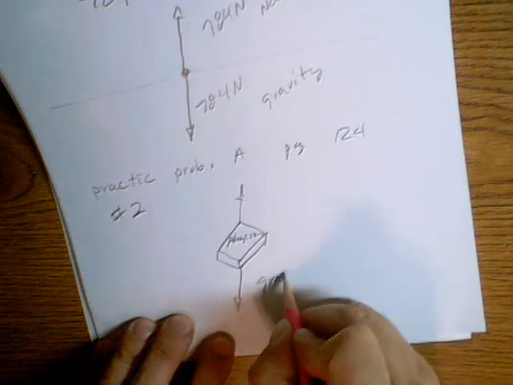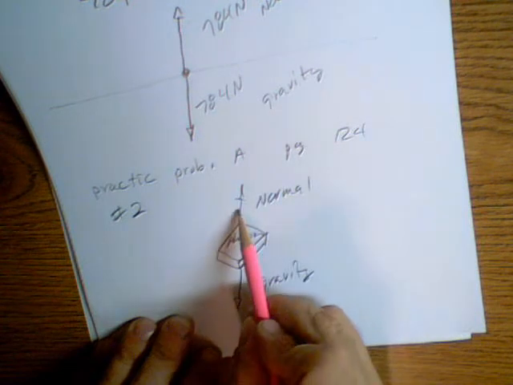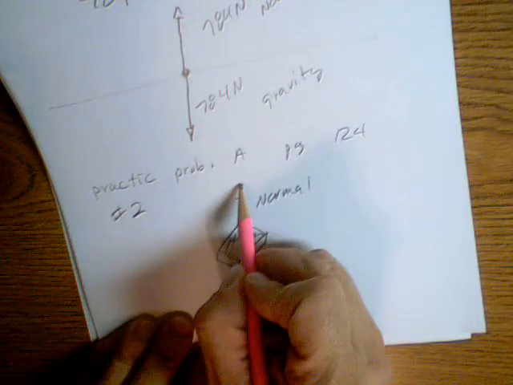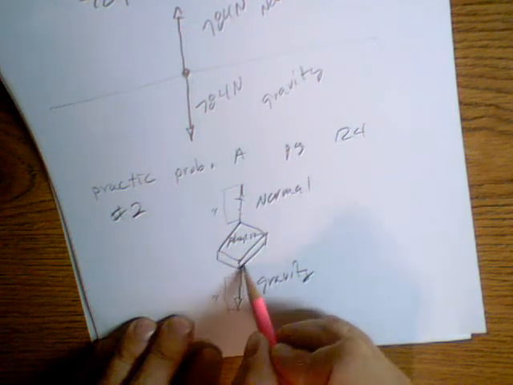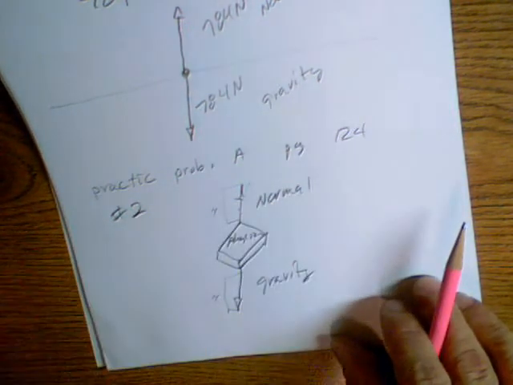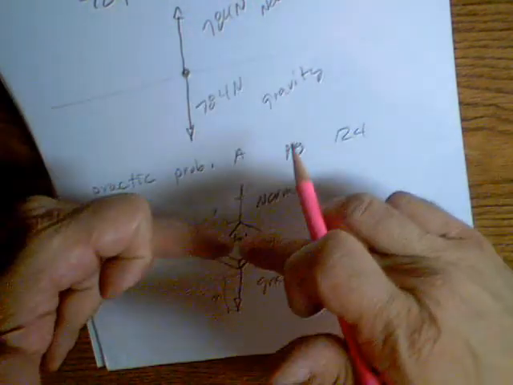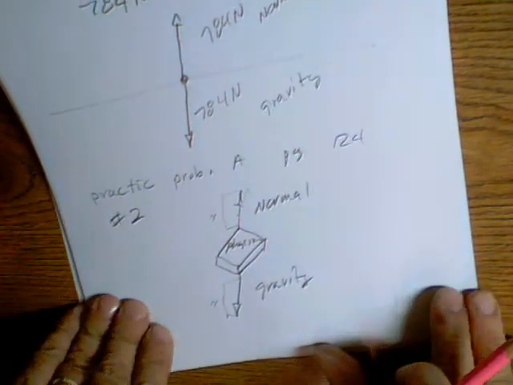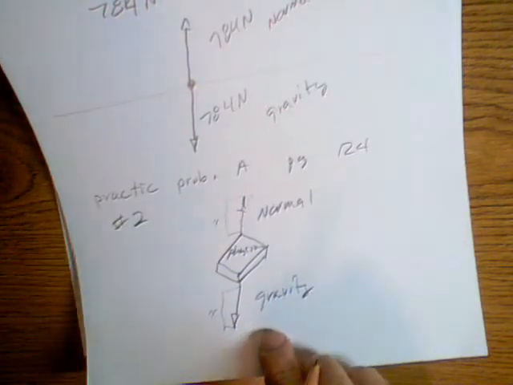Here's gravity, and here's the normal force. Just pay attention that these two force vectors should be the same in magnitude, in size, all right? Otherwise, it'd be moving. I mean, if this one was greater, it would be moving up. If this one was less than that, it would be moving down. But that's just basically how you draw a force diagram.